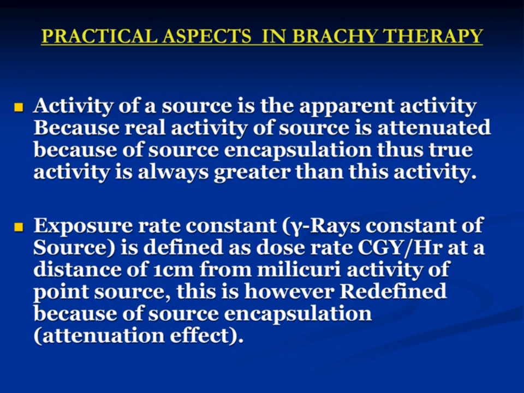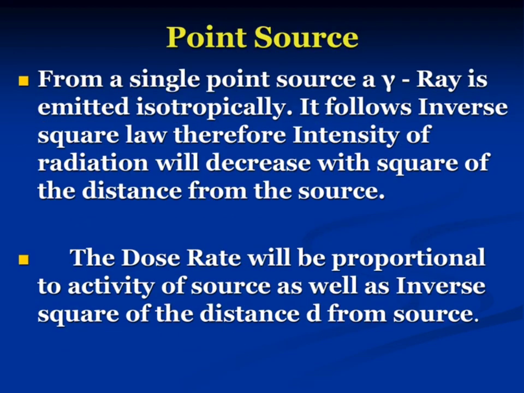So all the sources have a recommended working life, and the manufacturer will not guarantee the integrity of the source after the recommended working life. That working life is not actually the half-life. It depends upon how much mechanical damage happens over the years.